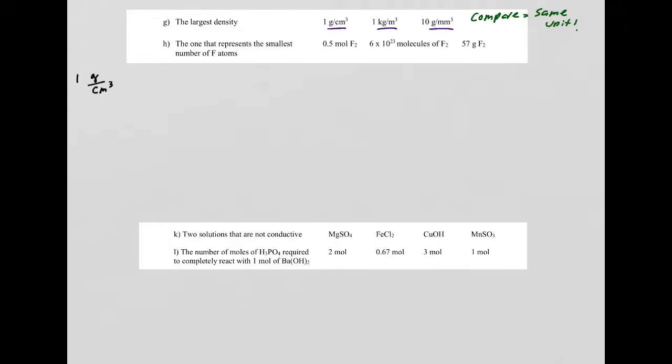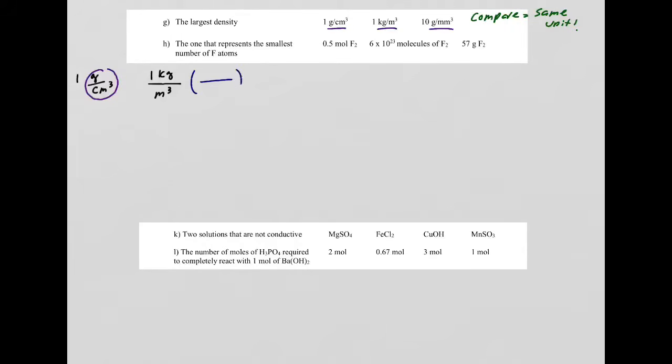So my next one is 1 kilogram per meters cube. Again, remember, what I'm trying to do is convert everything to grams over centimeter cube. So in this case, what does that mean?